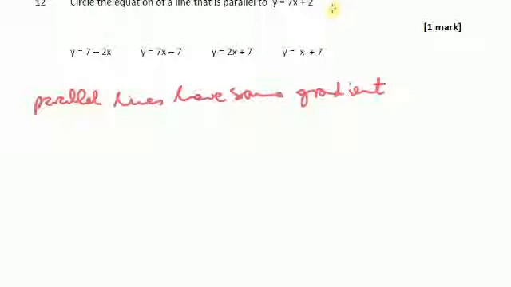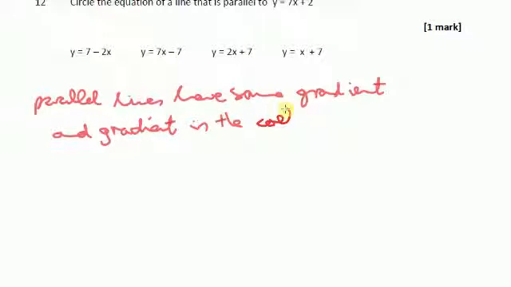And when you're looking at the equation of a line, the gradient is given by the coefficient of x, the number in front of x. So that's using the line y equals mx plus c.